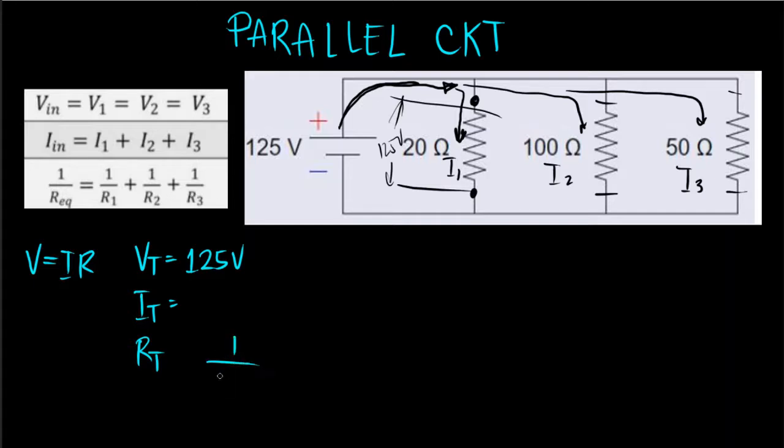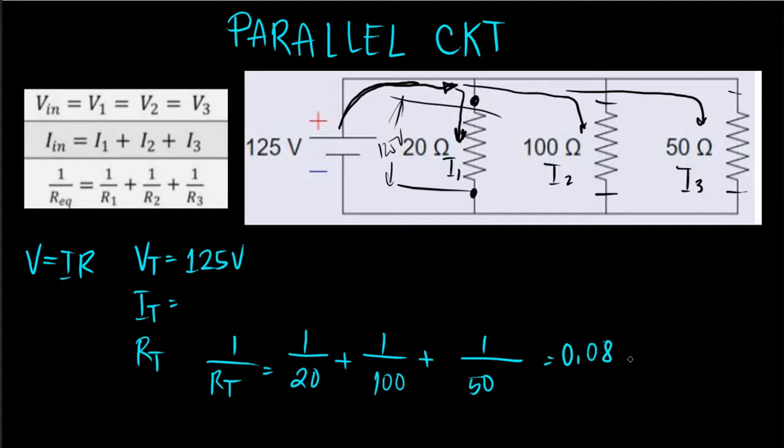So, 1 over RT is equal to 1 over R1, which is 20, plus 1 over R2, which is 100, plus 1 over 50. Okay. So, 1 over 20 plus 1 over 100 plus 1 over 50 equals 0.08. Remember, this is not final yet because it is 1 over RT.